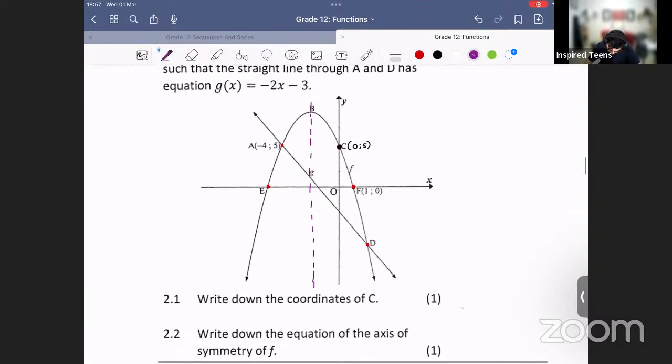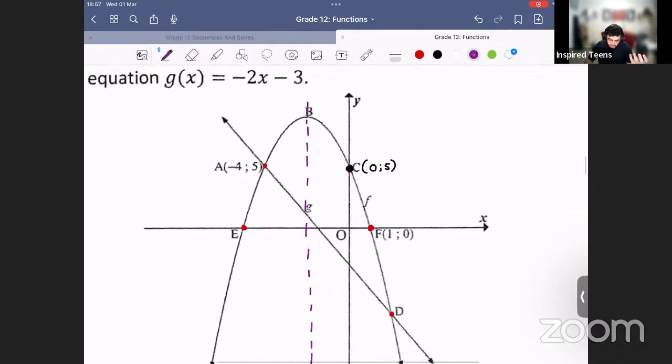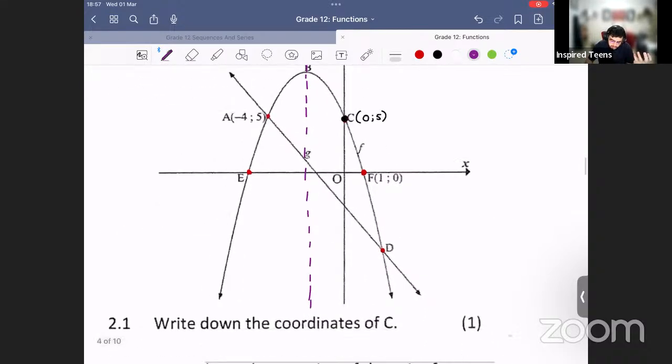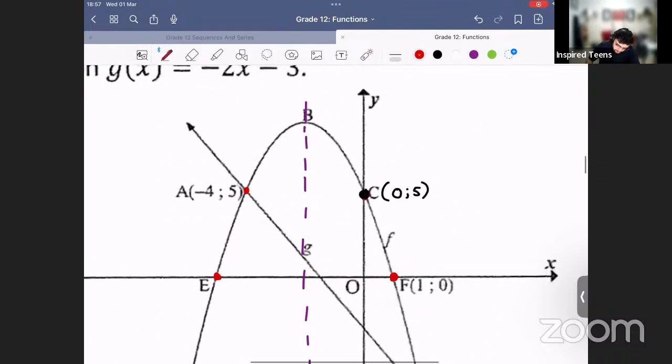Write down the equation of the axis of symmetry of F. Here is where the second thing that we did comes in clutch. The equation of the axis of symmetry is the equation of a vertical line.